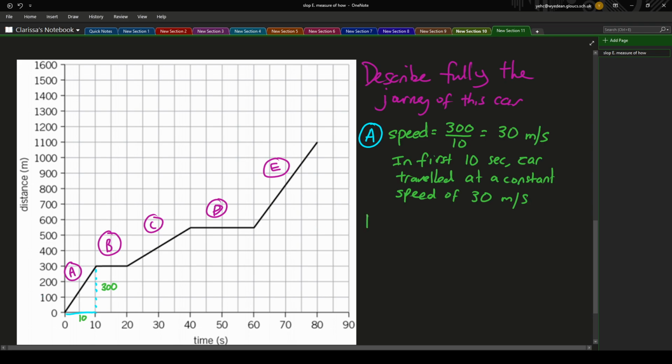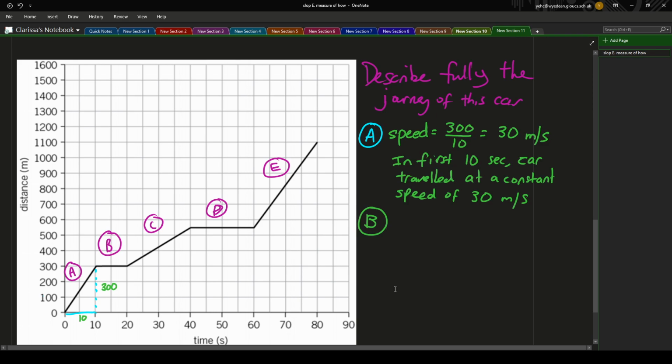Now let's look at the next bit, which is my section labeled B here. Notice that another 10 seconds has passed, right? Because section B goes from 10 seconds to 20 seconds. So another 10 seconds has passed, but you'll notice that the distance did not move from the 300 point. So it traveled a distance of 300, and then didn't go beyond that for 10 seconds. Now think about what that means.